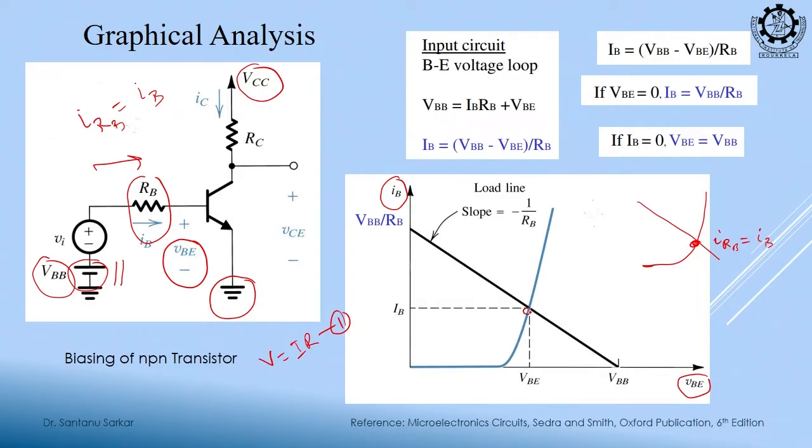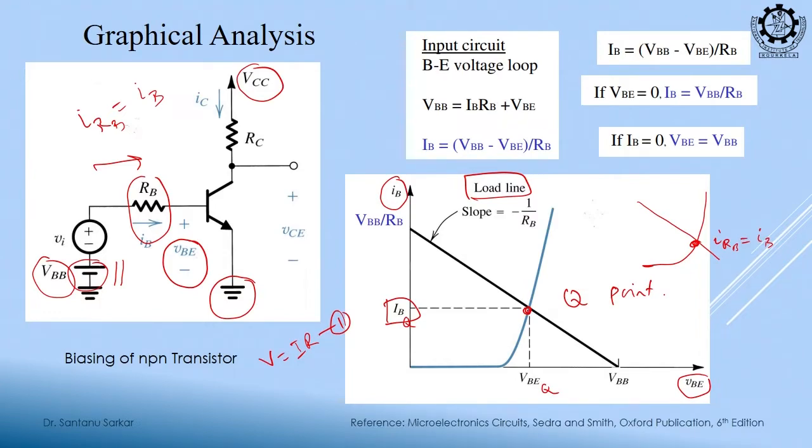Where they are cutting, that is my solution. And this ohmic expression is known as the load line, clear. So this is my DC value of IB. Sometimes we term that a Q point, quiescent point. So this is my IBQ and this is my VBQ.